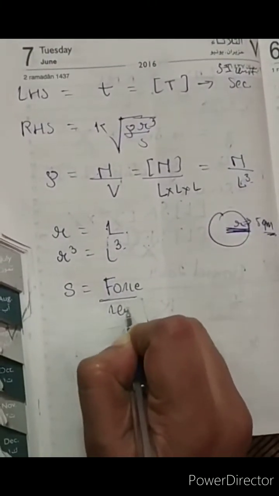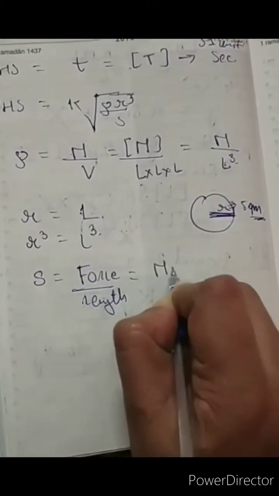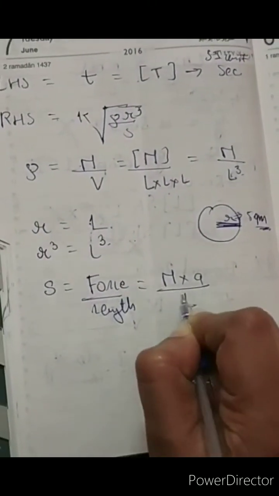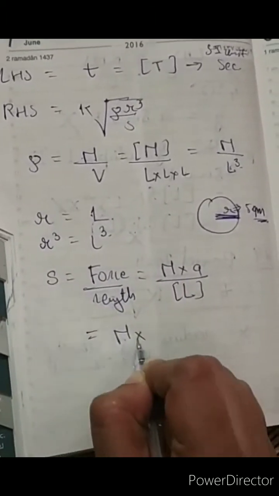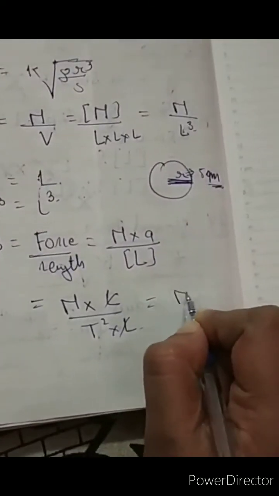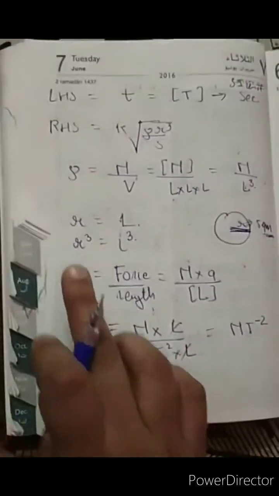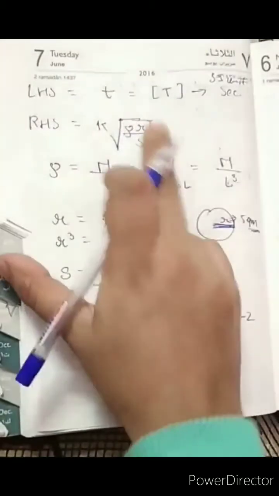Force is mass into acceleration, divided by length. Mass has dimension M, acceleration is L upon T2, into L. So L to L cancels, and we are left with M T minus 2. When T2 goes to the numerator, it will be T minus 2. So we have all the dimension formulas of these physical quantities.